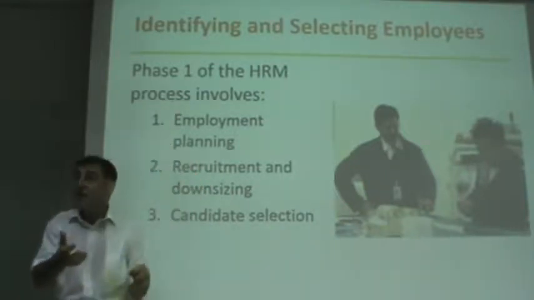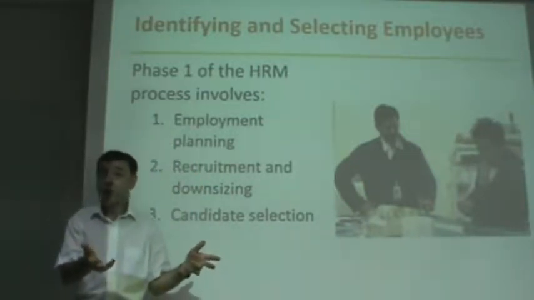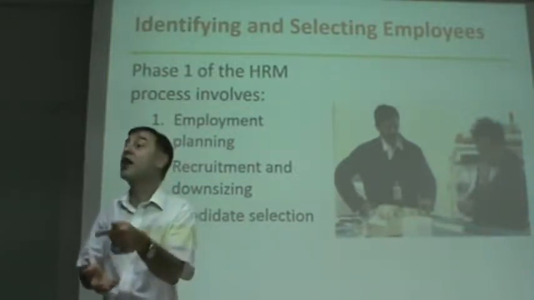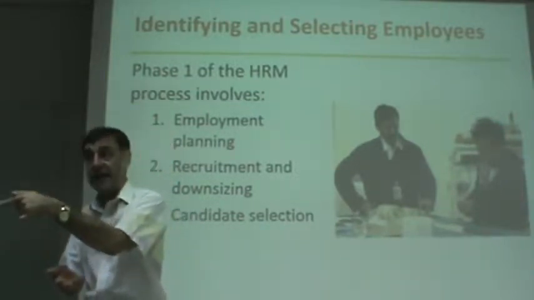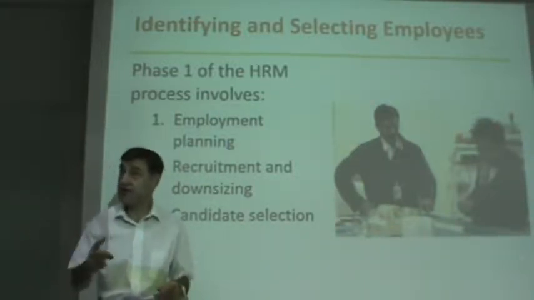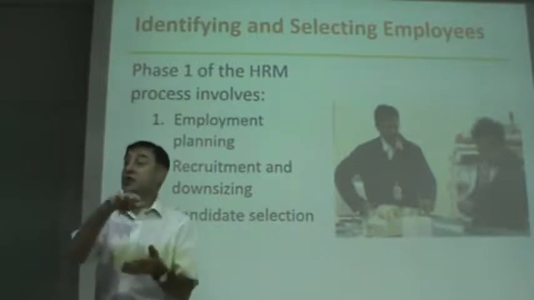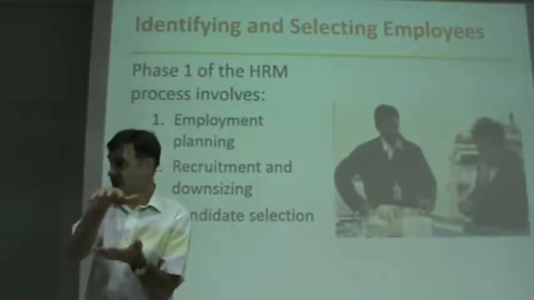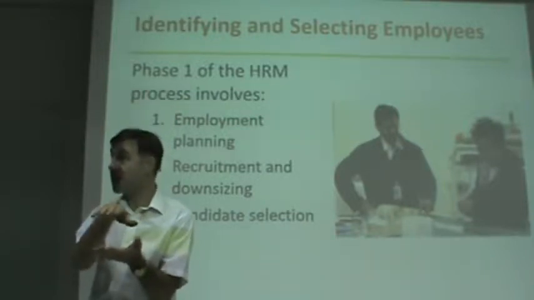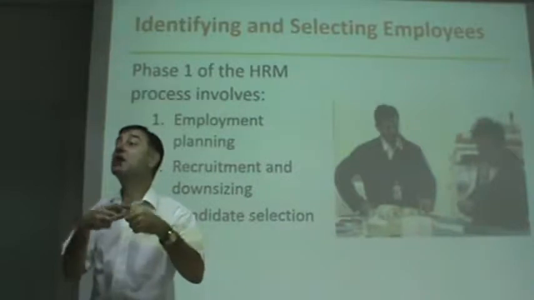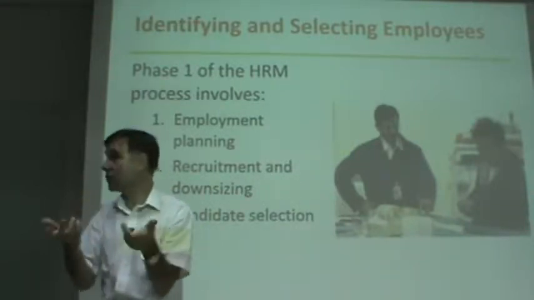So the university now will determine if they need more professors for next semester. And next semester, they will see how many students they have. They will see how many professors they need. Okay? They see how many they have. And if they need more, they will begin searching for more.